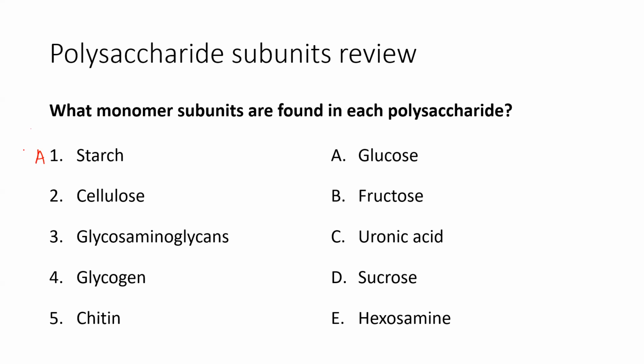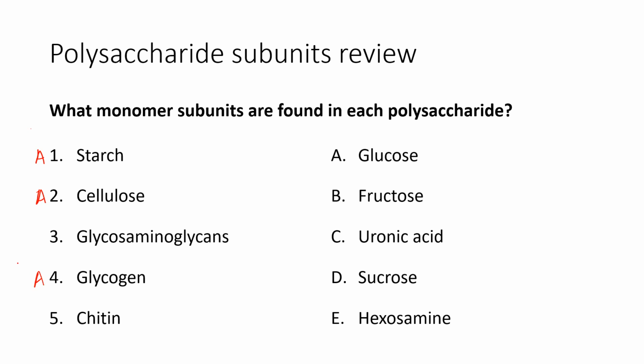Which other ones have glucose? Two, 4, and 5. Yeah, so definitely cellulose and glycogen. So starch, cellulose, and glycogen are all entirely glucose always.